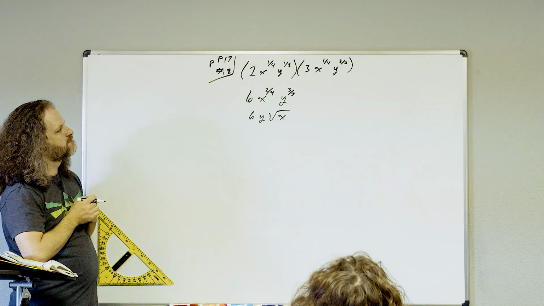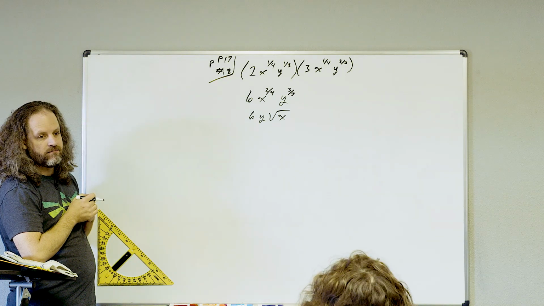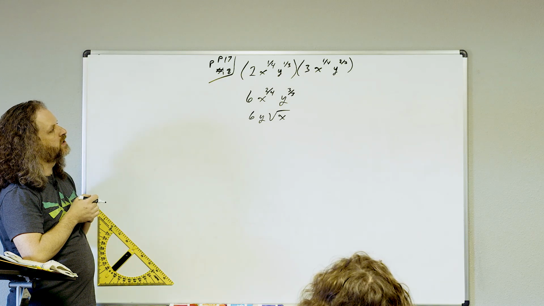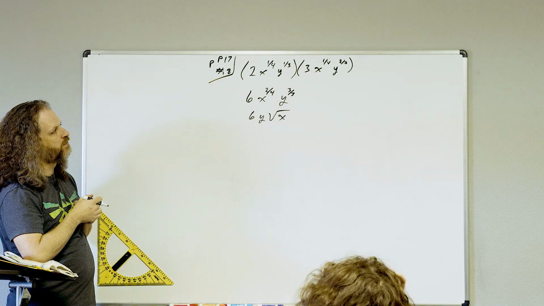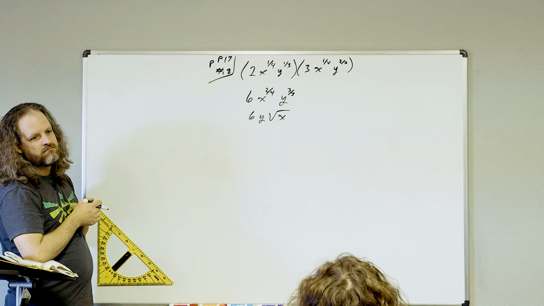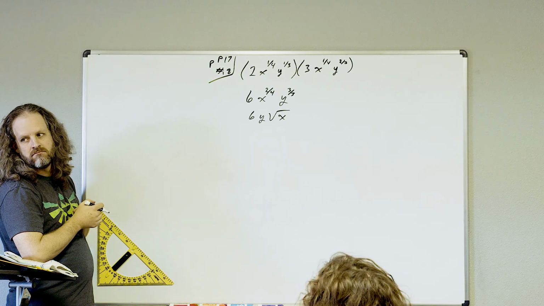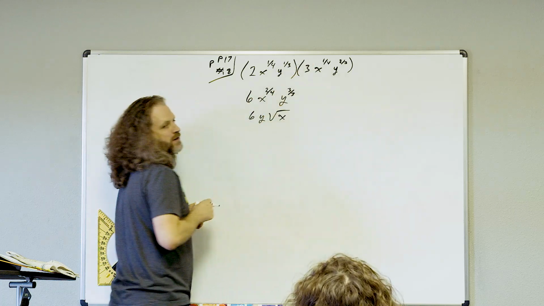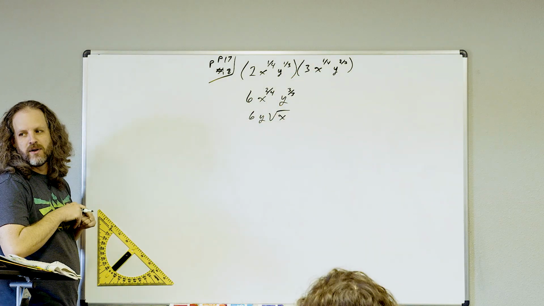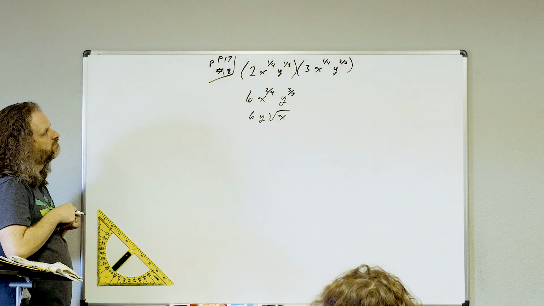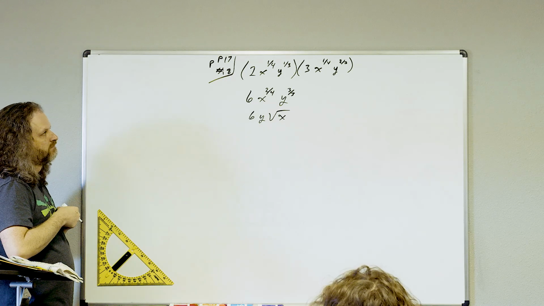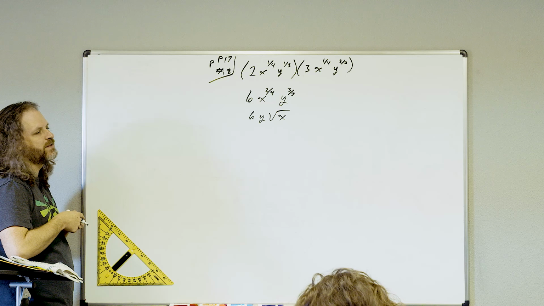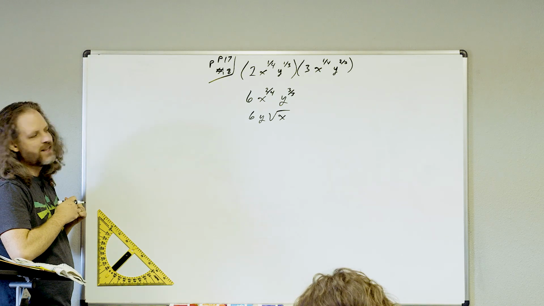Why do we not FOIL? I guess you could argue we did, but there's no plus there. I thought it was multiplication. It is multiplication. You have like bases multiplied, and you add the exponents. We are multiplying. Yeah, I'm sorry, the parentheses just confused us all. It's basically one expression, unsimplified, and then we simplified it.